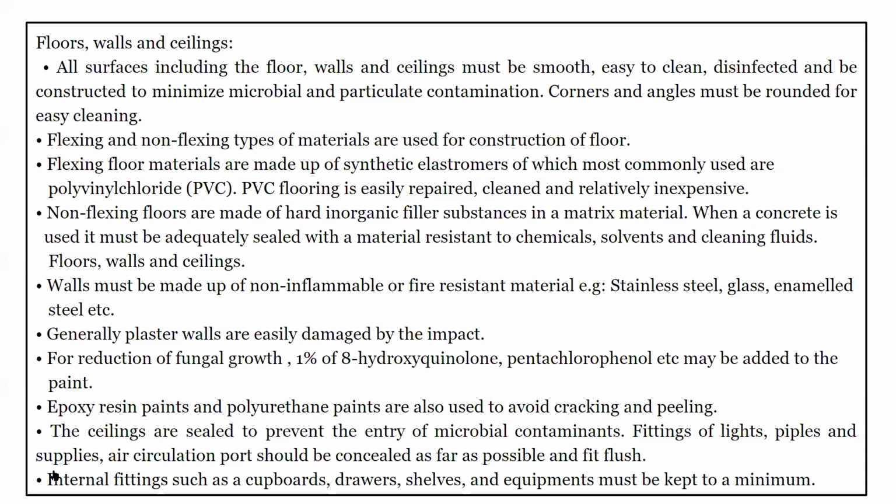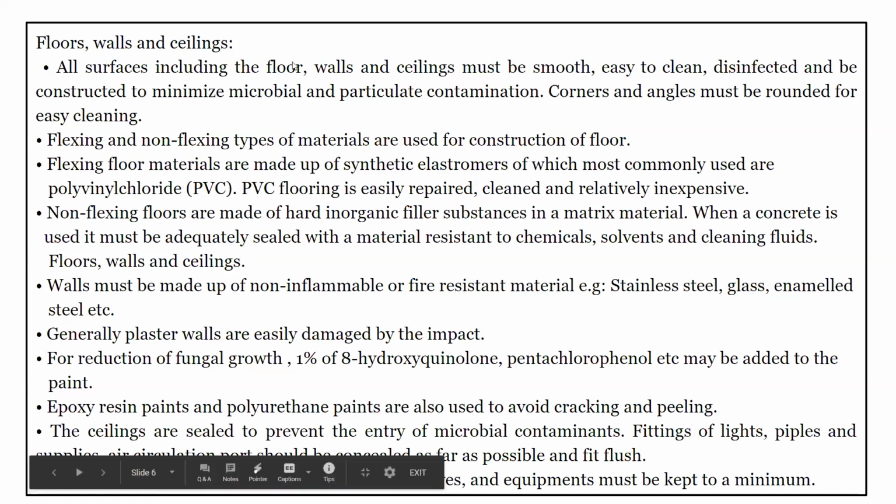Next, the floor, walls, and ceilings will be made up of two kinds of materials: non-flexing materials and flexing materials. Non-flexing material is the solid material which will give strength to the construction.